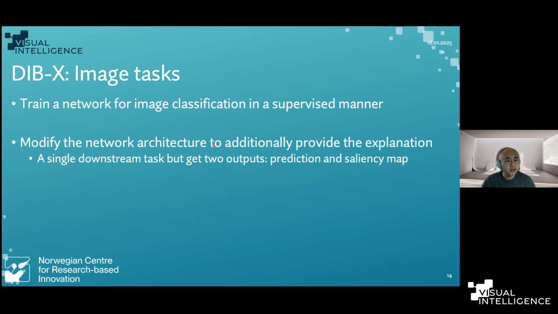So in DIB-X, what we are doing is the image task. We are going to train a neural network for image classification in a supervised manner. But we modified the network architecture a little bit to additionally provide the explanation within a single downstream task. So we are doing the same image classification task, but we get two outputs, the prediction and the saliency map.